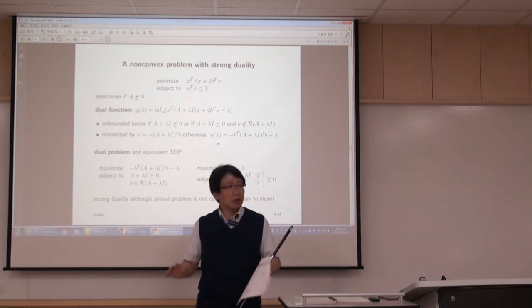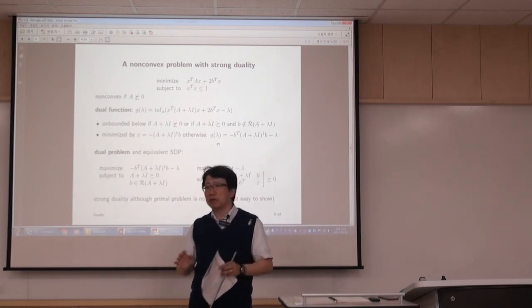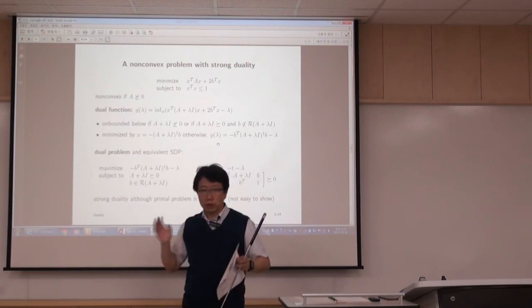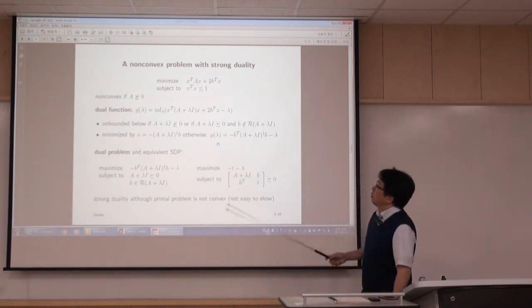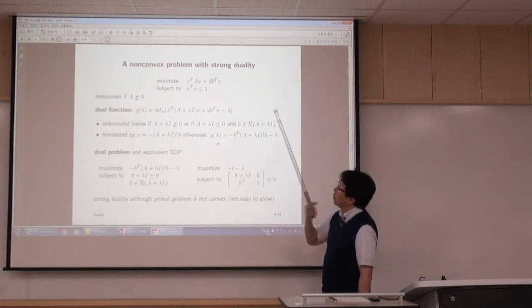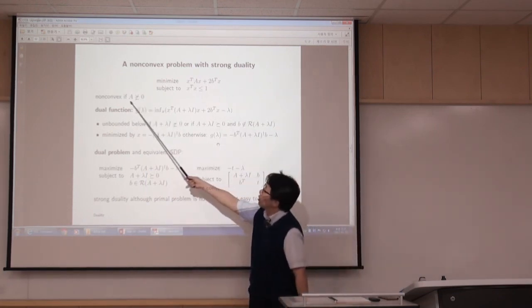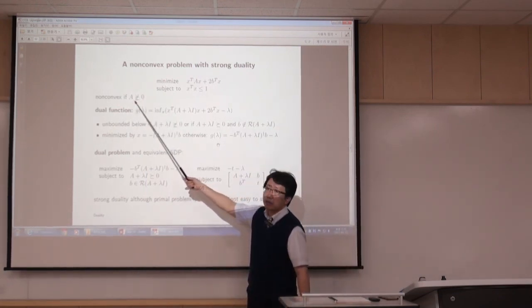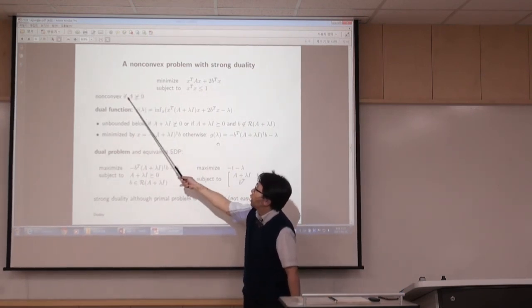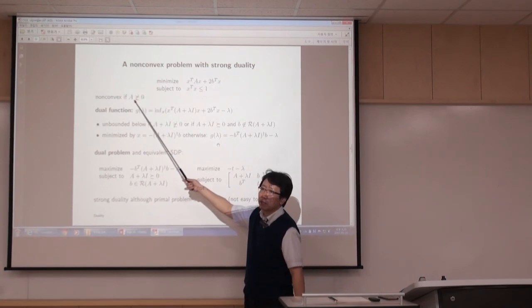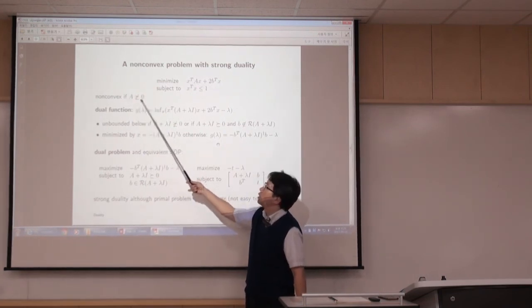And I'm not saying that only for convex problems this strong duality holds. For non-convex problems, sometimes strong duality may hold. For example, in this problem, where A is not positive semi-definite. See that? A, without this slash, is positive semi-definite. This means the A matrix is not positive semi-definite.